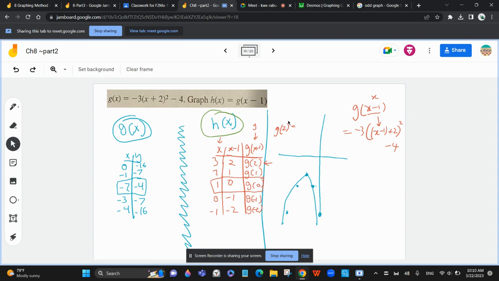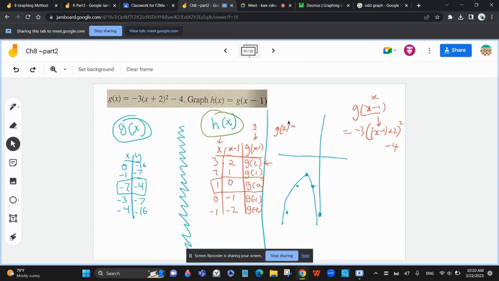Plug in 2. G of 2 is 0? Oh, wait. G of 2 is 4.